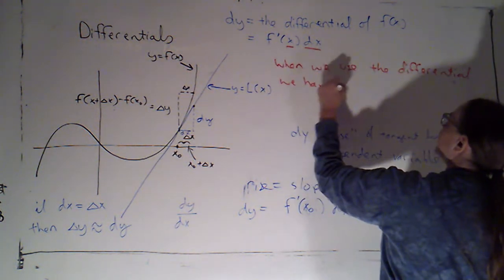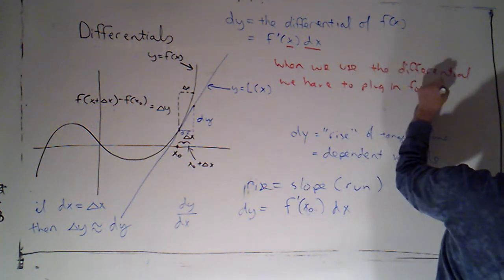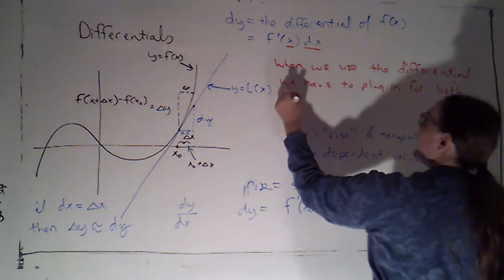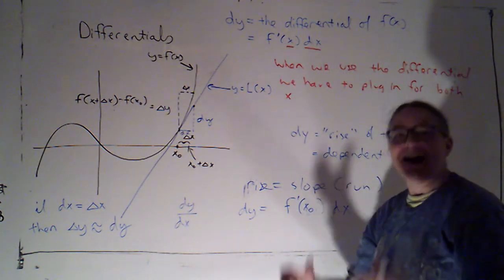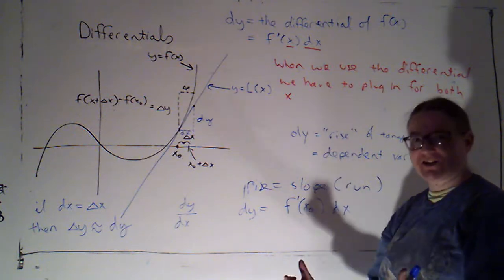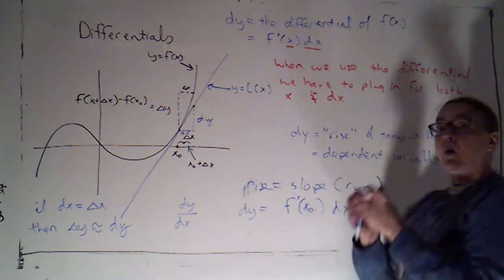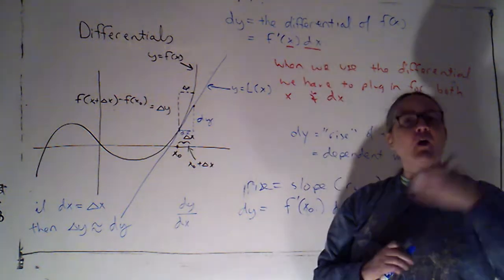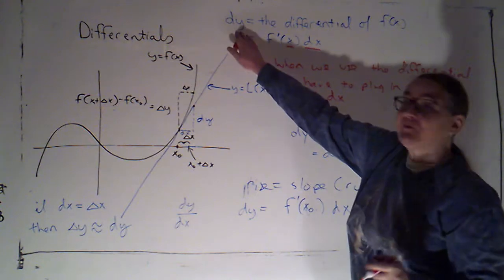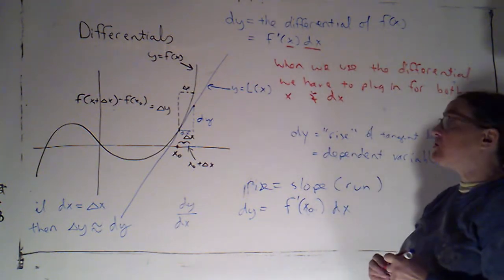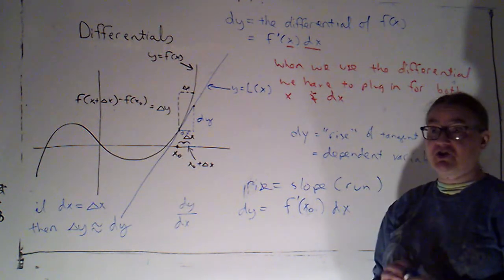We have to plug in for both x, to indicate which tangent line we are working with, which slope we want, and dx, to say what the run is. If I know which line I'm working on and what the run is, I can calculate the rise, and I can use that to approximate the amount that the actual function will change.